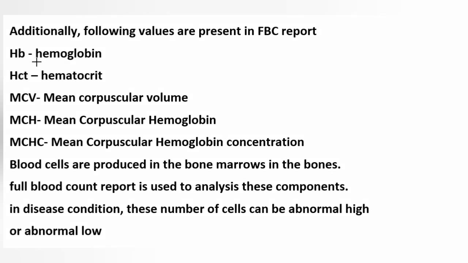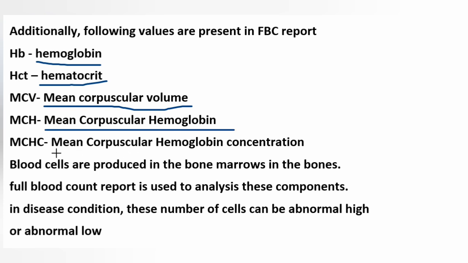Additionally, the following values are present in FBC reports: hemoglobin, hematocrit, MCV, mean corpuscular volume, MCH, mean corpuscular hemoglobin, and MCHC, mean corpuscular hemoglobin concentration.